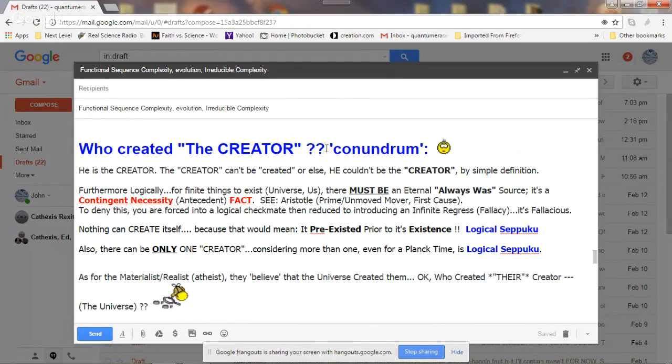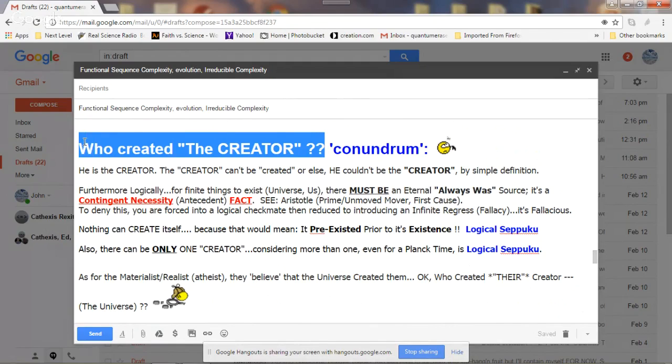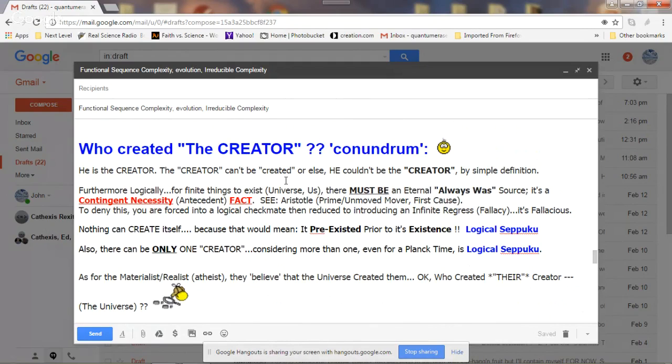Guess what this is called? It's a fallacy. Which one? It's an infinite regress fallacy. They post it like a conundrum or something. I'm shaking my head. He is the creator. The creator can't be created, or else he couldn't be the creator by simple definition.